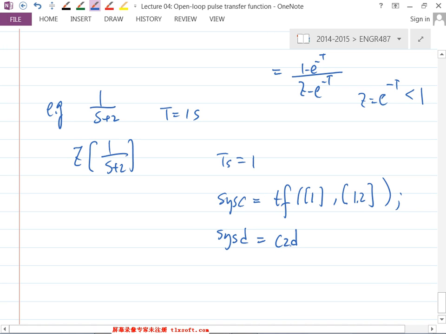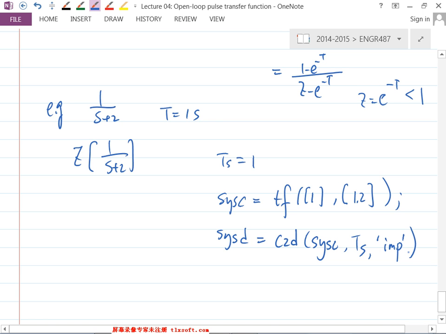The c2d takes the transfer function that you just created, the numerator and denominator, now plugging in the sampling time, and very importantly, a command like this, imp, meaning impulse. Impulse here.